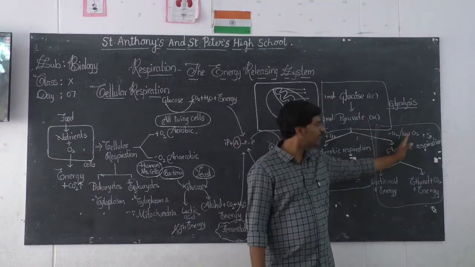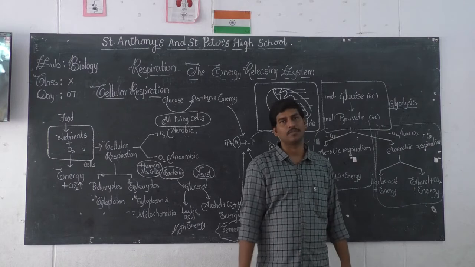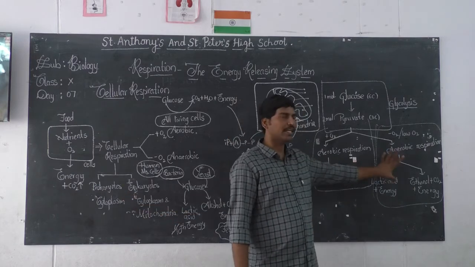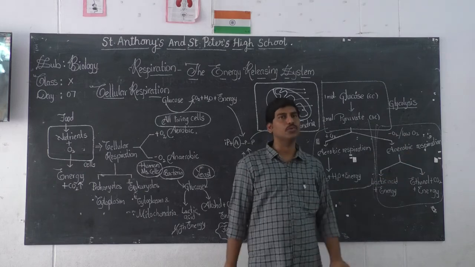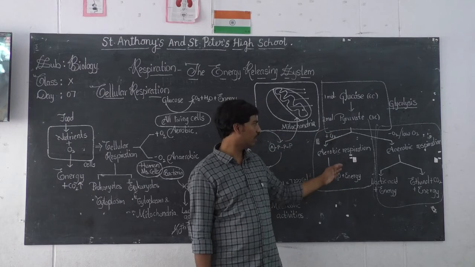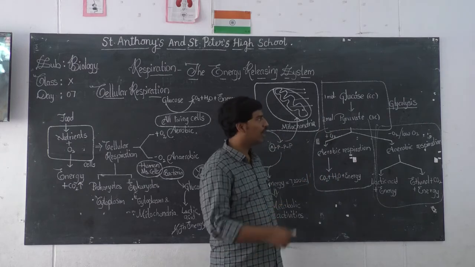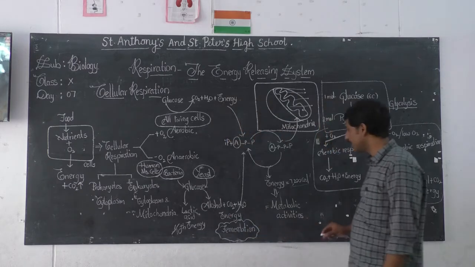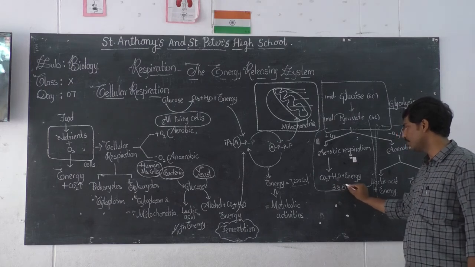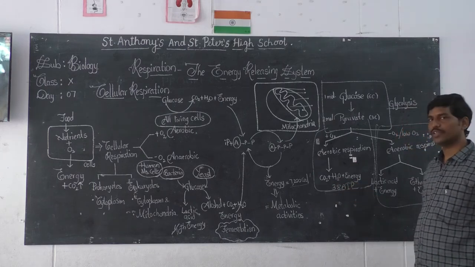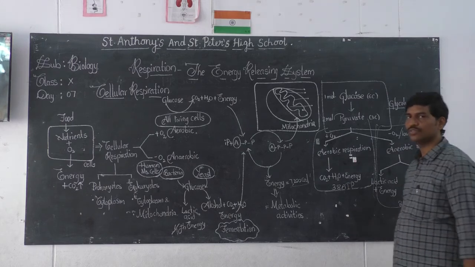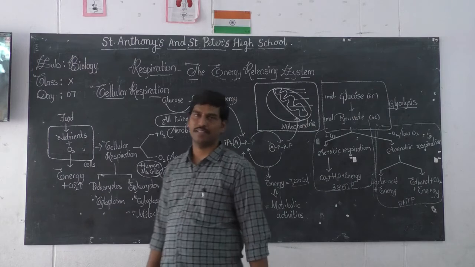So that means the complete process also takes place in the cytoplasm only. In prokaryotic cells, everything takes place only in the cytoplasm. In a eukaryotic cell, it takes place in the cytoplasm as well as in the mitochondria. In aerobic respiration, 38 ATP molecules are produced from one glucose molecule, whereas only 2 ATP molecules are produced from anaerobic respiration.